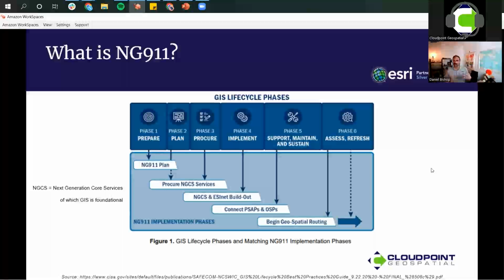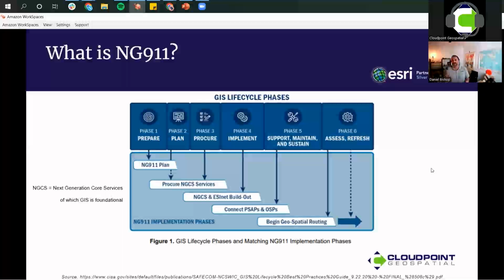So I wanted to talk to you about some of the things that I've come across over my time with CloudPoint on how to balance the CAD software requirements with GIS and the NG9-1-1 requirements with GIS, whenever as GIS professionals we're needing to make any data edits or prepare our GIS data to move from E911 to the NG911 standard.